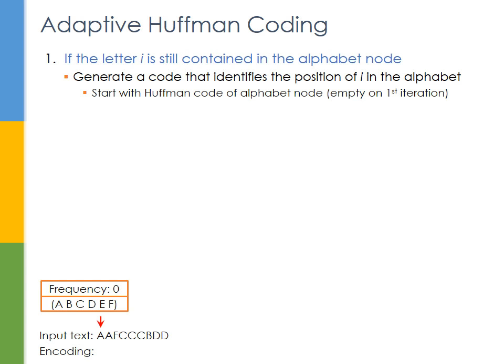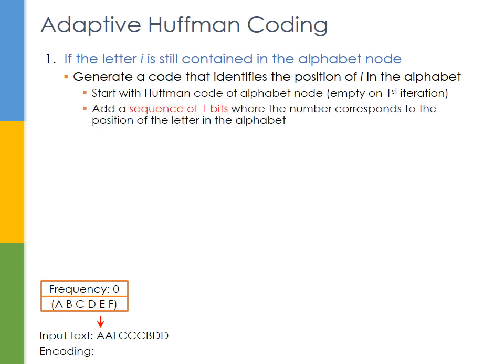First of all, we start with the Huffman code of the alphabet node. Of course, at this point, the alphabet node is the only node within the Huffman tree, so this portion of the code will be empty for the first character. But we'll see as we move through the example that there will be bits within this portion of the code once we have additional nodes within our Huffman tree.